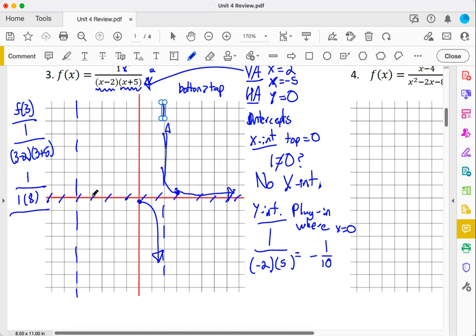So what could you do? If this is where x is -5, you could plug in -6. Do that. Gets you 1 over -8 times -1. So this is going to be 1/8. And that helps because, again, we know it's going to be in the top left pocket.